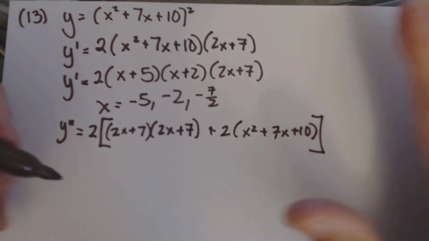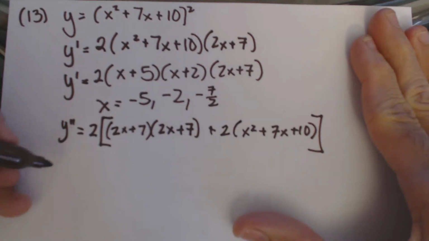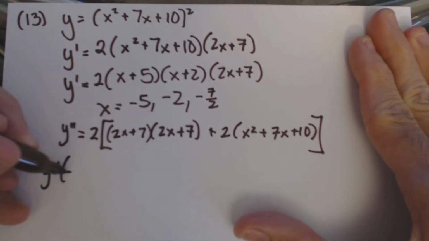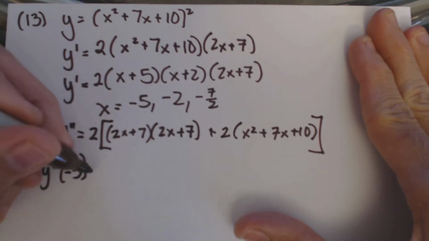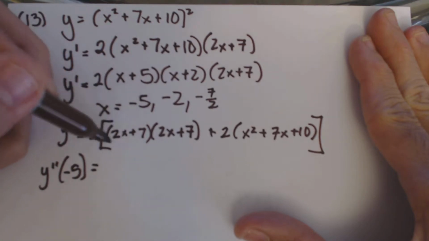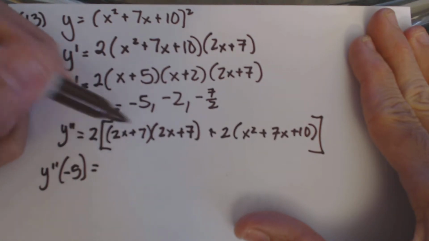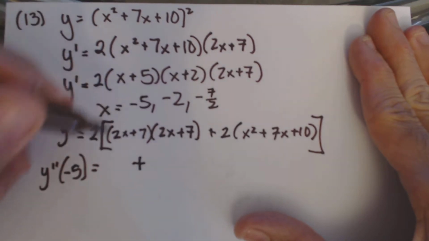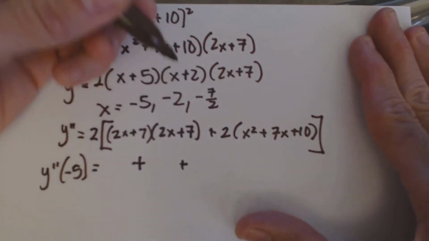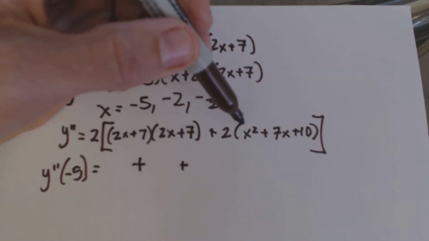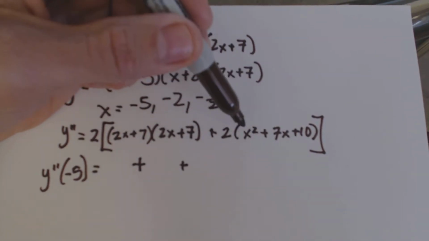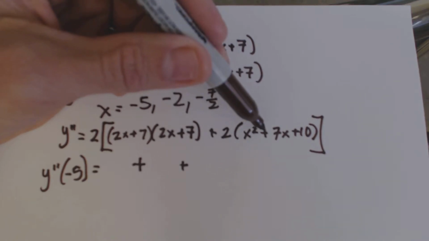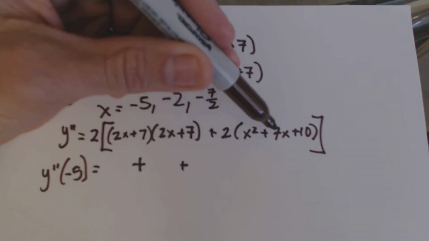Alright, so let's evaluate the sign of the second derivative for x equals negative 5. So this is going to be negative 10 plus 7 is negative, times a negative, so it'll be positive, plus negative 5 squared is 25, plus negative 35.